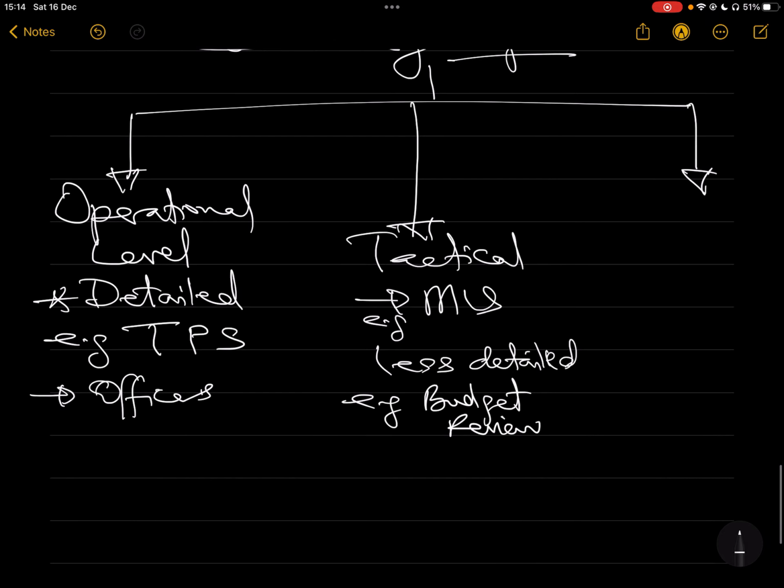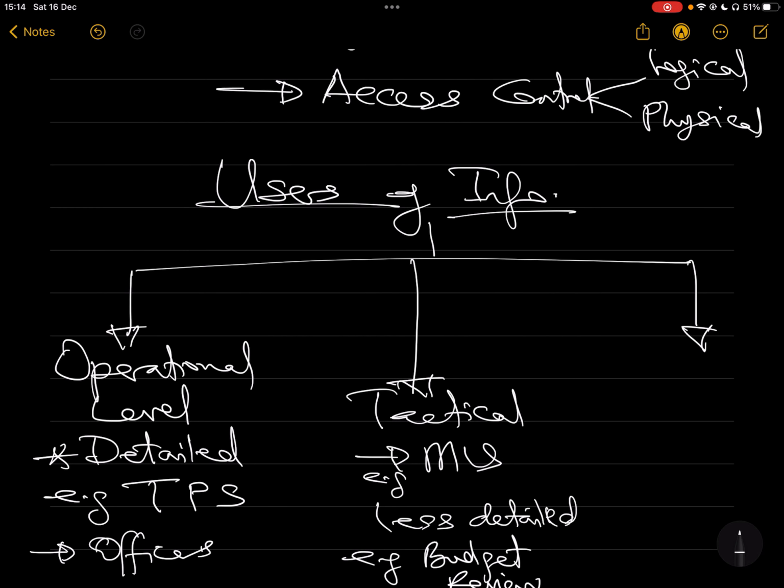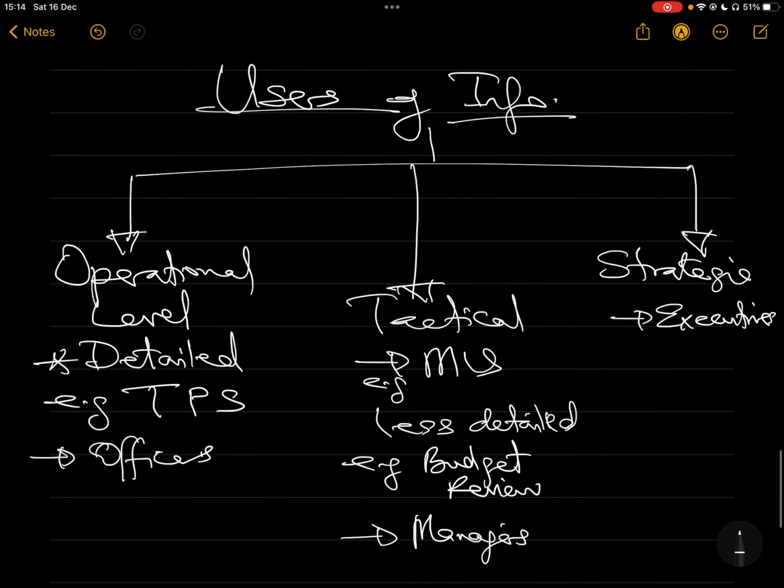These are used by the managers, and the highest level of these users is what we call the strategic level. These are used by the executives. Usually, you're talking about information maybe about the competitors, usually about external factors assessment.